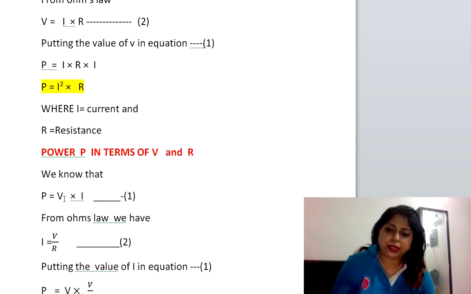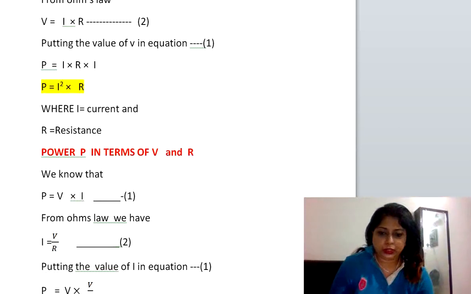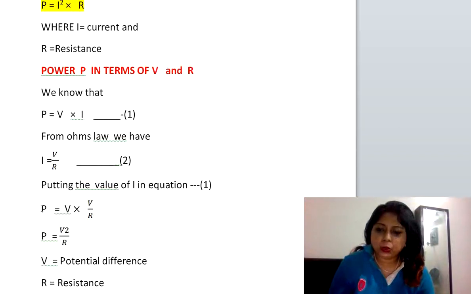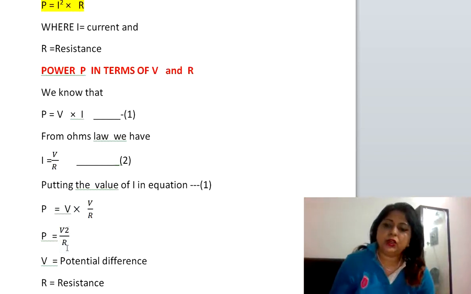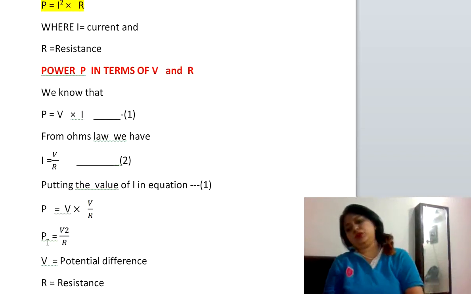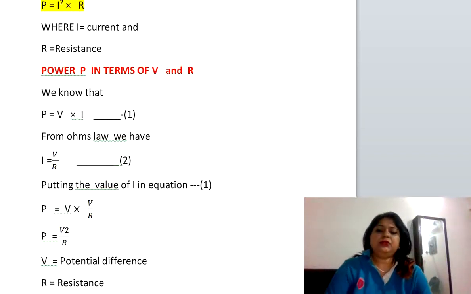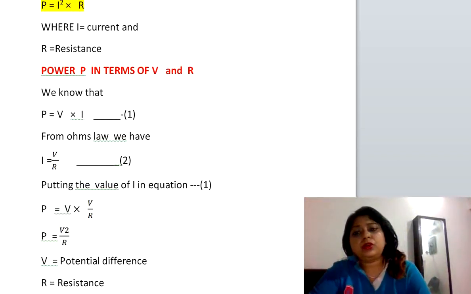So P equal to V and at the place of I will write V upon R. So V and V, multiply this V into this V, it becomes V square upon R. So the last formula: power equal to V square upon R, where V is the potential difference and R is the resistance. So in today's video I have given 4 formulas for power.